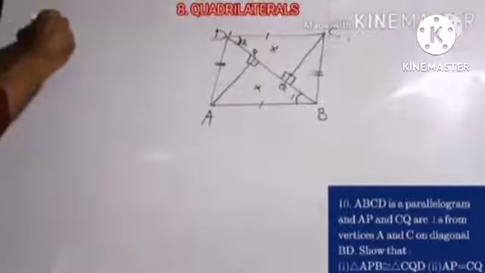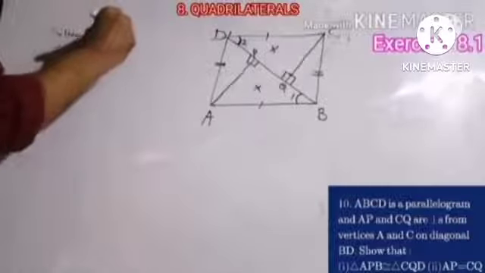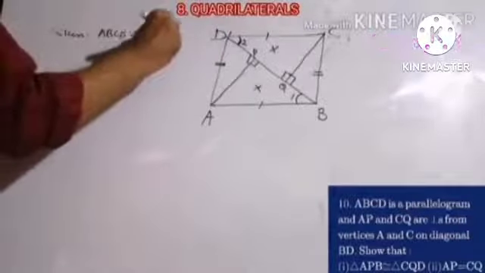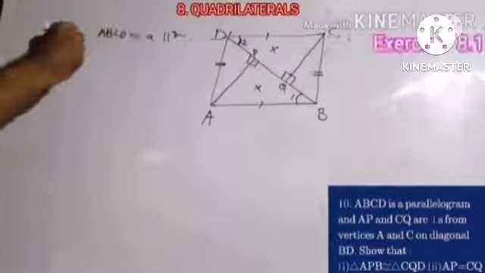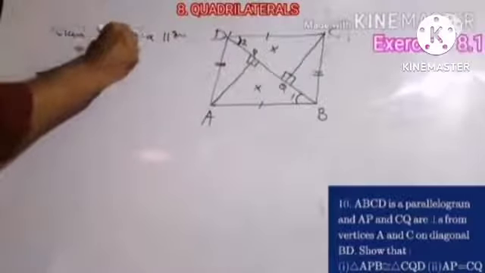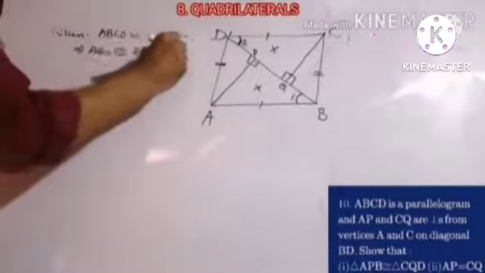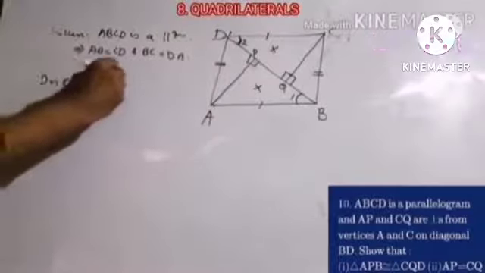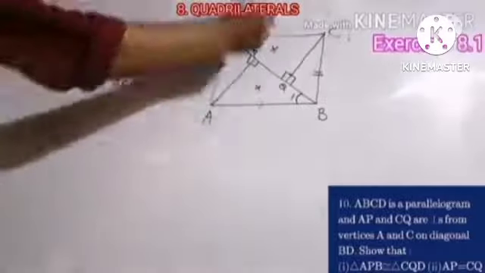Given: ABCD is a parallelogram, which implies AB equal to CD and BC equal to DA. Now let's consider triangle APB and triangle CQD. First, AB equal to CD.